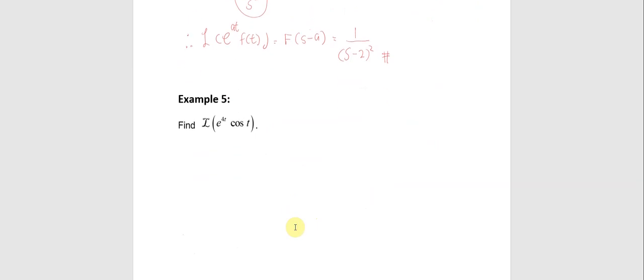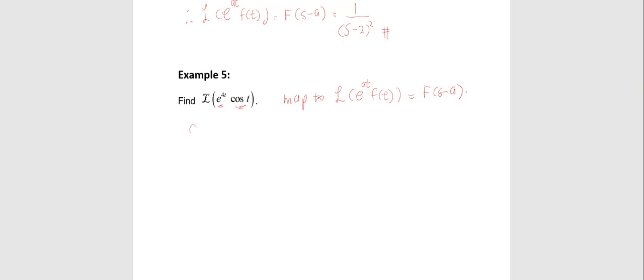Alright, so now let's try the next example. The function is given by e to the power of 4t cos t. So you have e^(at) and a function here, so it is mapped to the Laplace transform of e^(at) f(t), which is equal to F(s minus a).